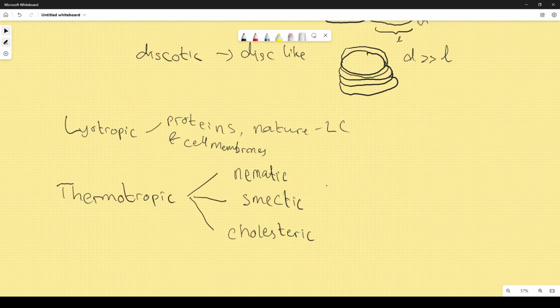Alright, before I go into further detail of these three, I'm going to explain them in simple words. The nematic liquid crystals are what we usually find in LCDs, so in display technology. The point is they have orientational and positional order of the molecules, the calamitic ones. They can be aligned or manipulated by an electric field.